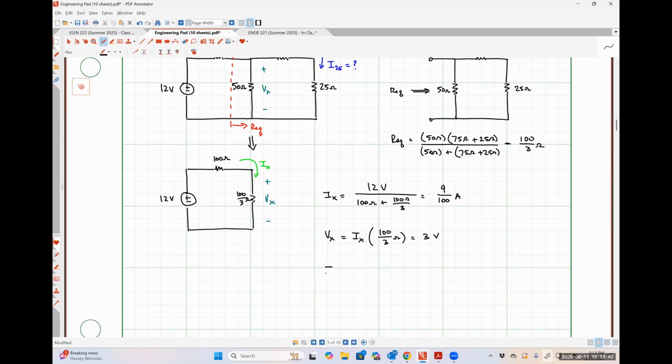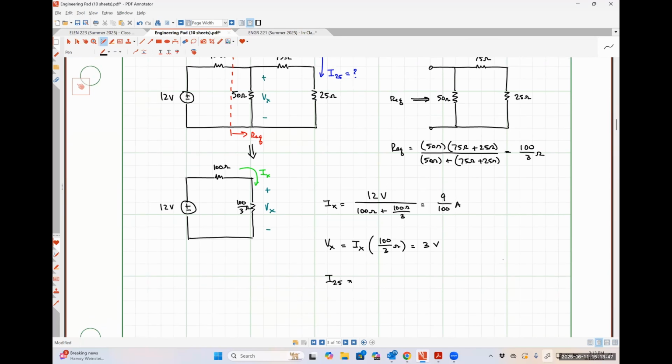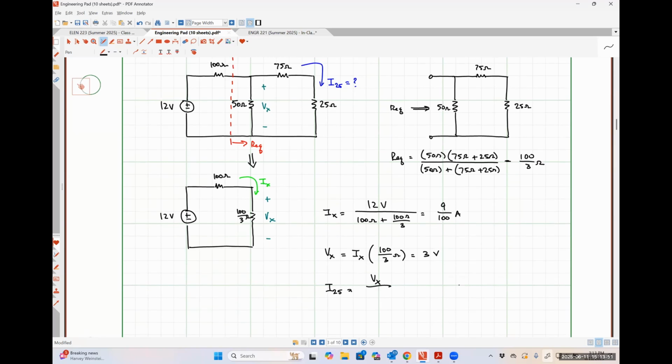And then finally, the I-25 that I was actually interested in is then just going to be Vx over 75 ohms plus 25 ohms. So 3 over 100 comes out to be 30 milliamps. Okay.